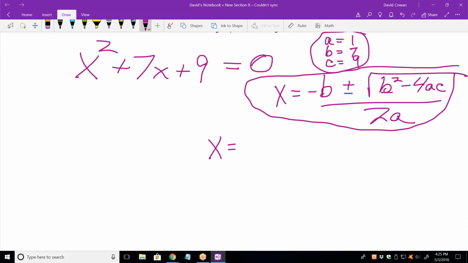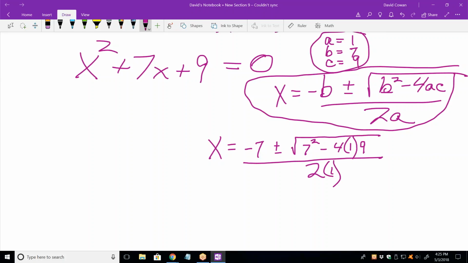So x equals negative 7 plus or minus the square root of 7 squared minus 4 parentheses 1 parentheses 9 over 2 parentheses 1. Okay.